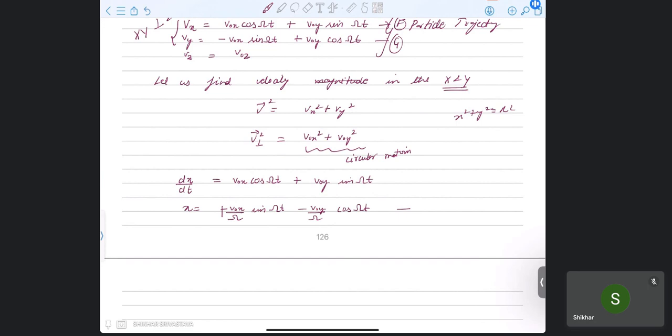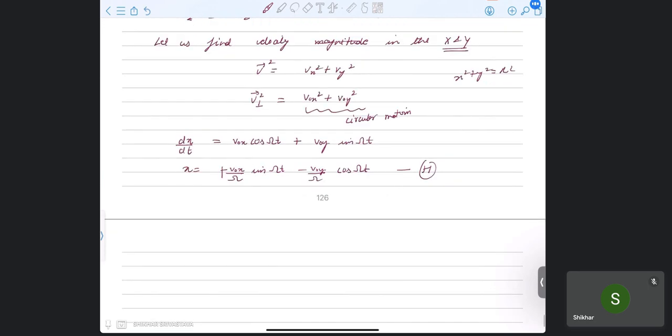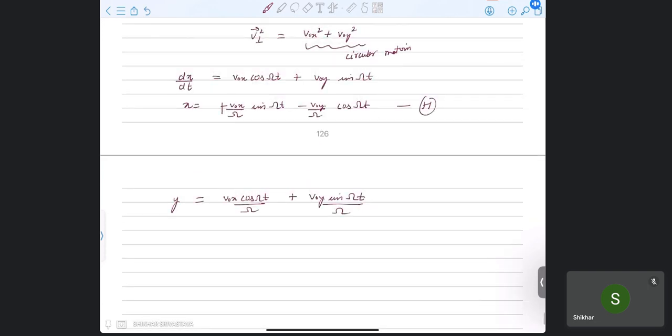Similarly, you can integrate dy, with Vy, and get y is equal to V naught x cos omega t upon omega plus V naught y sine omega t upon omega. So these are your x and y coordinates.